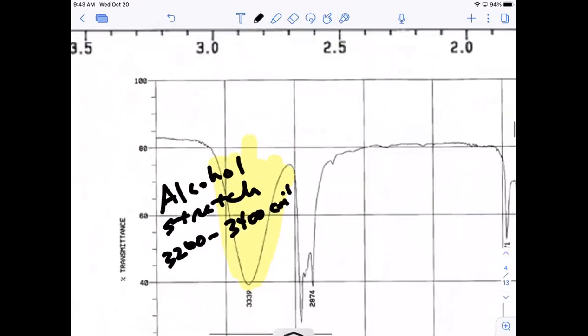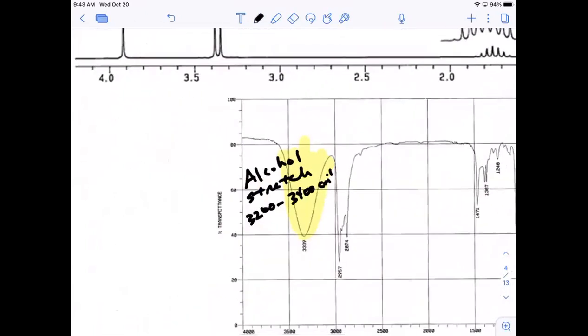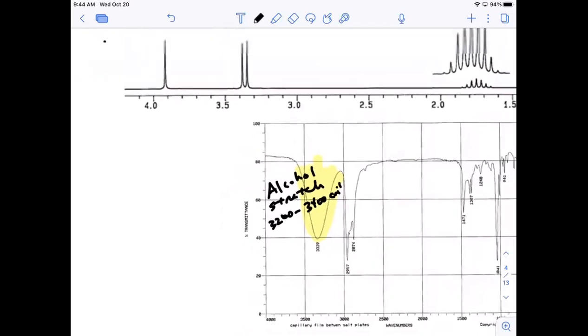And it always looks like that. It's a fat, broad looking stretch. And so that's how you can tell that there's an alcohol functional group present by that stretch right there. So we know that this is the right compound.